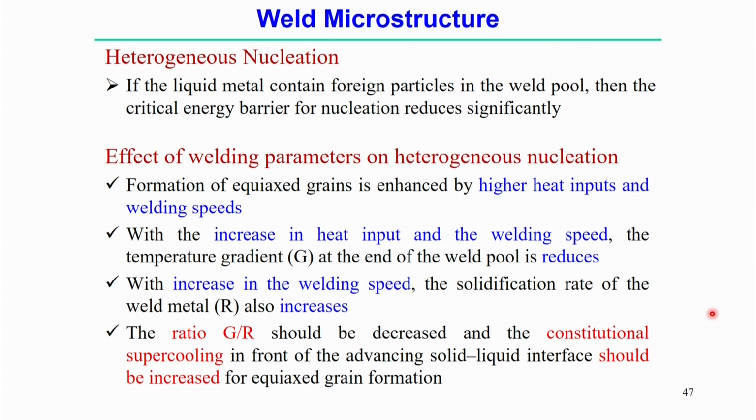So, the G by R ratio should decrease. So, we can link the type of nucleation mechanism with the welding parameters. Welding parameters here mean the heat input and the welding speed. These are the two parameters. So, the G by R ratio again can be linked with constitutional supercooling.